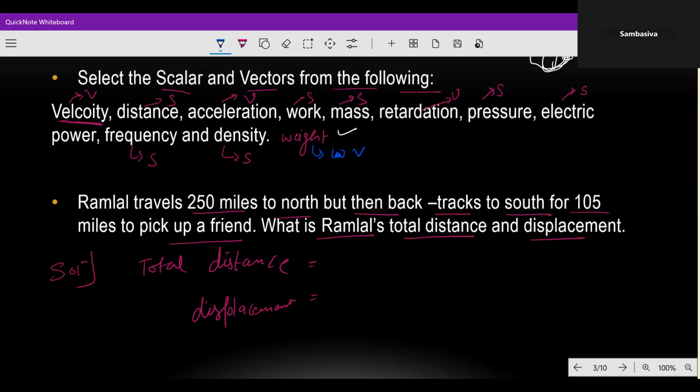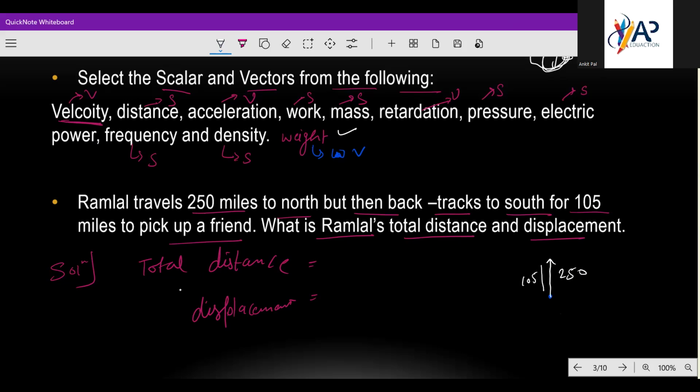I think distance is 355 because you add them together. Listen, you go north and then back south. Suppose this is the origin point. We first move north 250 miles, and return back 105.